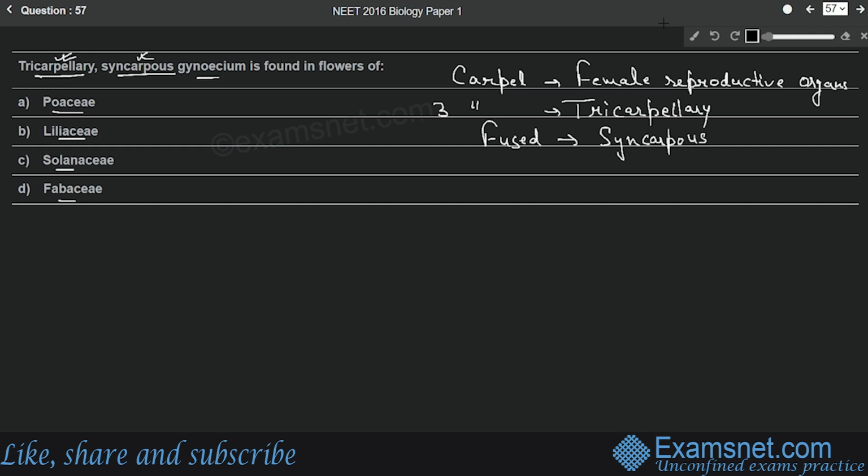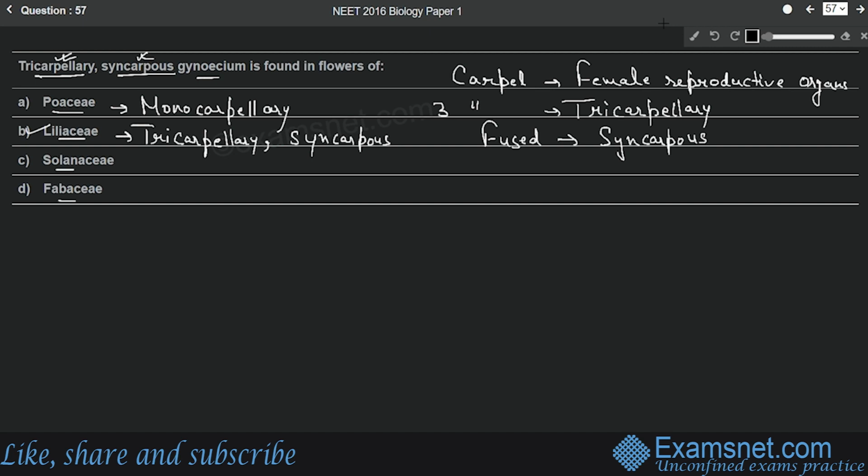Right? Now, let's see. In the first option, we have Poaceae. So, Poaceae are monocarpellary, not tricarpellary. Okay? Monocarpellary. That means they have only one carpel. Then the second option is Liliaceae. So these are tricarpellary. They have three carpels. Also, these carpels are fused. So these are syncarpous. Okay.